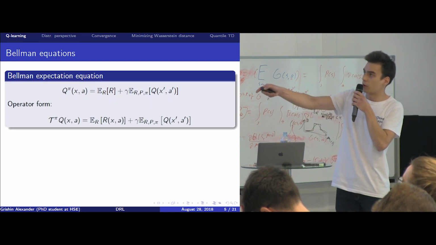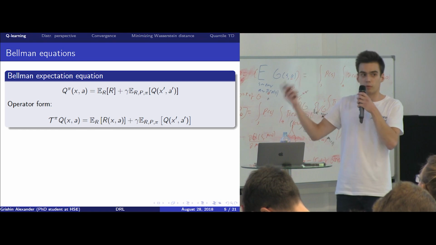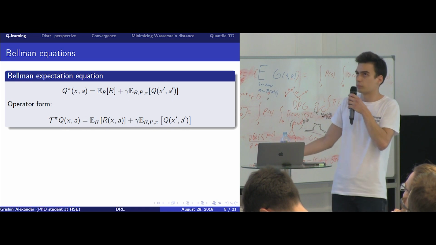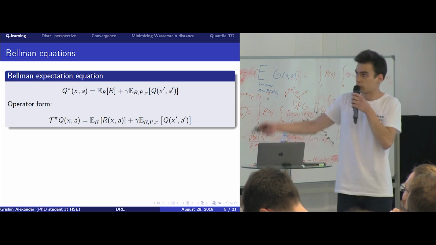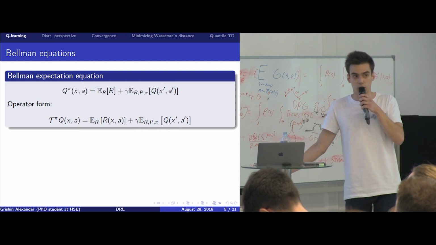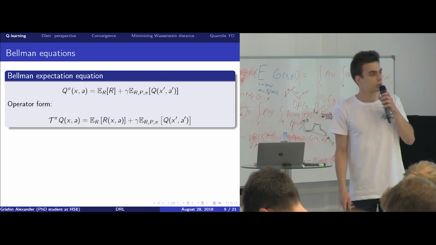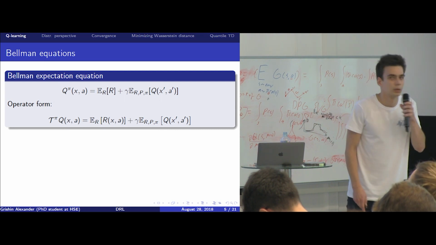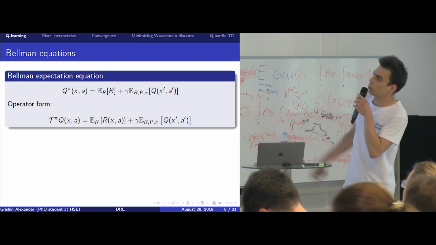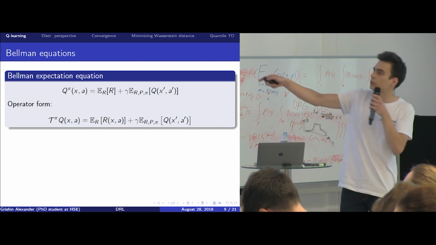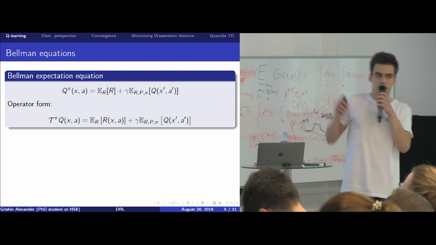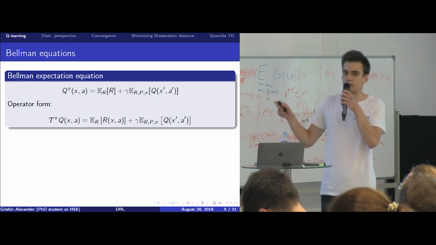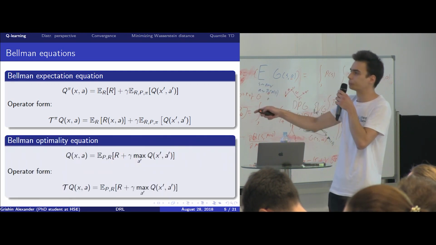But the operator can act not only on functions defined in this way, but in fact on any function defined in the state-action space. Equality by definition, you mean? Second line, yes, it's a good point. This should be, I suppose, equality by definition.